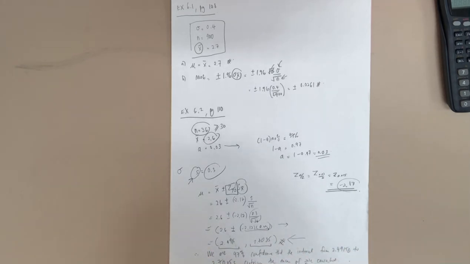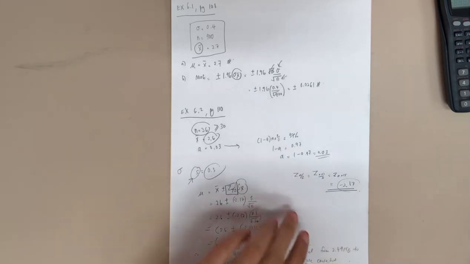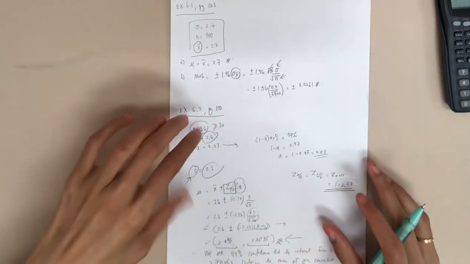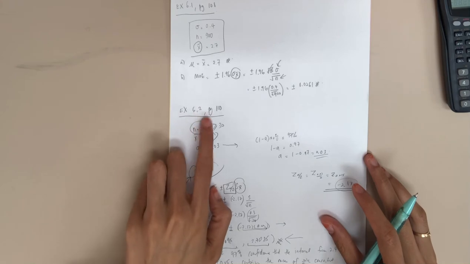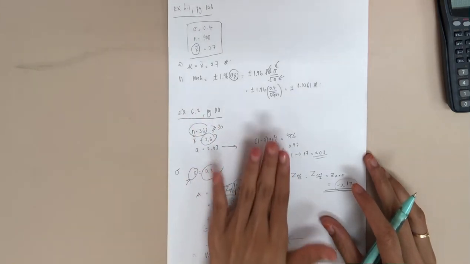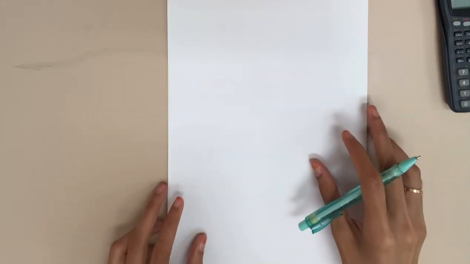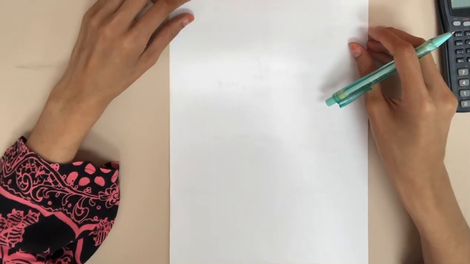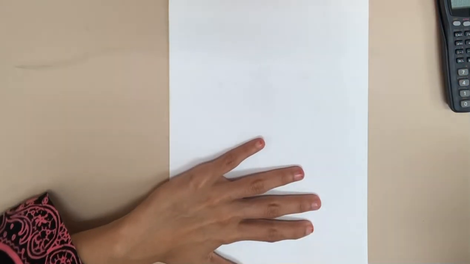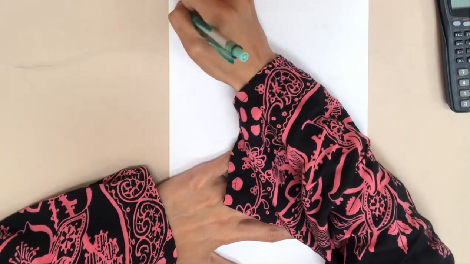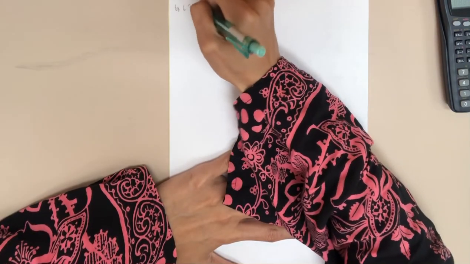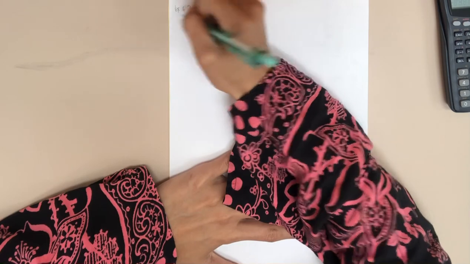Okay, so next, class, this is example 6.2 page 10, which is the large sample. Next we try to solve another example regarding the mean. We are doing mean first. Proportion I have not touched yet, maybe later in the next video. So example 6.3 page 112.